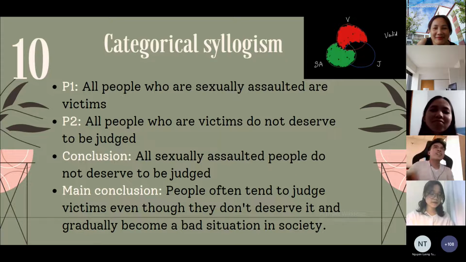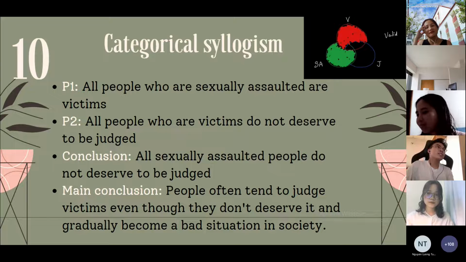But let me fix and explain it right now. In my Venn diagram, V is victim in my categorical, SA is sexual assault, and the last one is people who do not deserve to be judged.